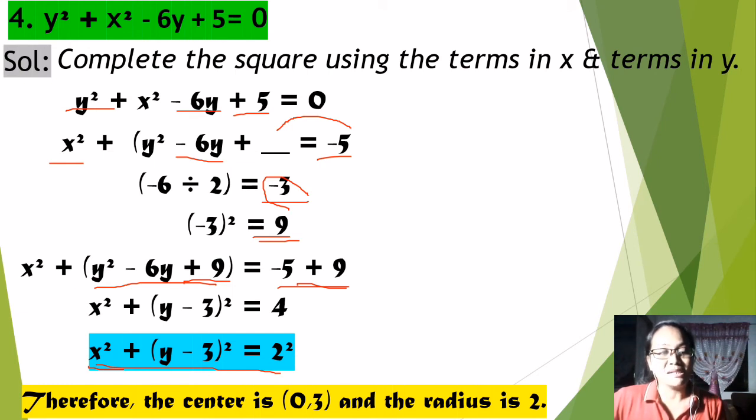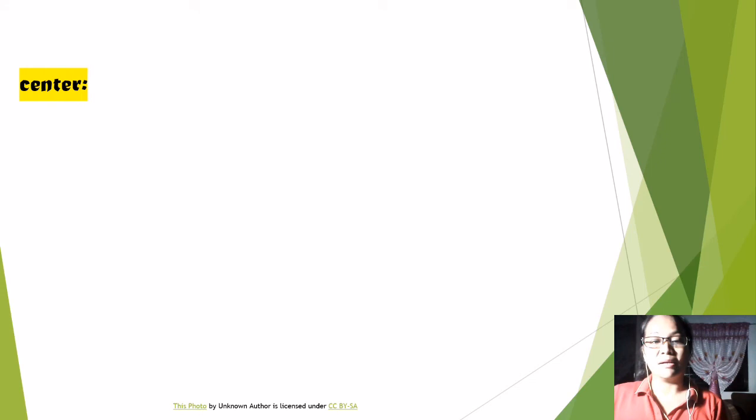And y minus 3, pag tinanggal natin ang exponent niya by putting radical sign, i-equate natin sa 0, i-move natin ang negative 3 over equal sign, magiging positive 3. Kaya meron tayong positive 3. And then for our radius, kung ano man yung base natin, yun ang ating radius. For our center, we have 0 and 3, and our radius is 2.